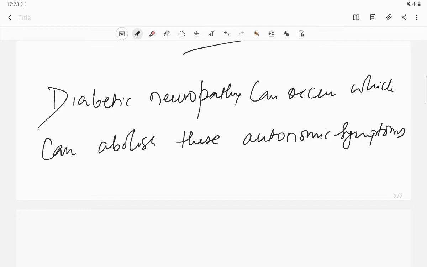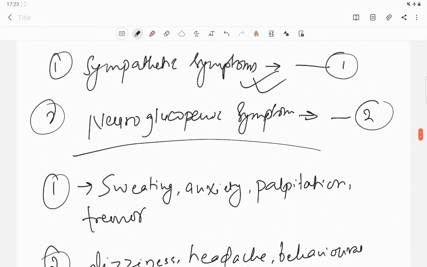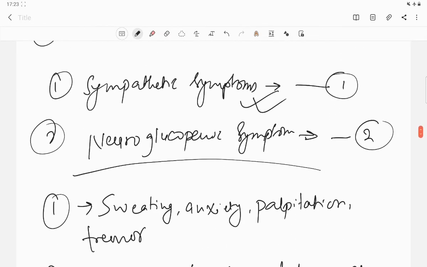So after long term treatment of diabetes, this sympathetic response tends to disappear and there will be only neuroglycopenic symptoms. This can be a disaster for the patient because there will be no warning signs that he is becoming hypoglycemic.